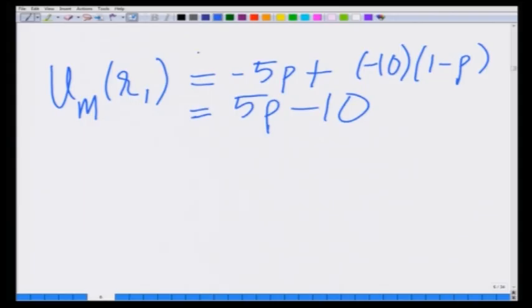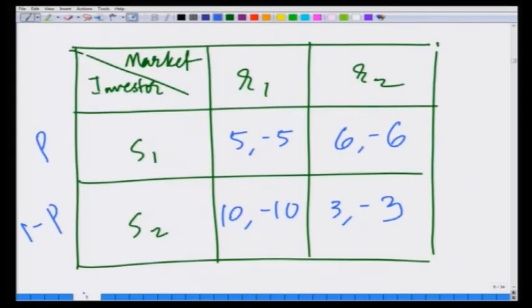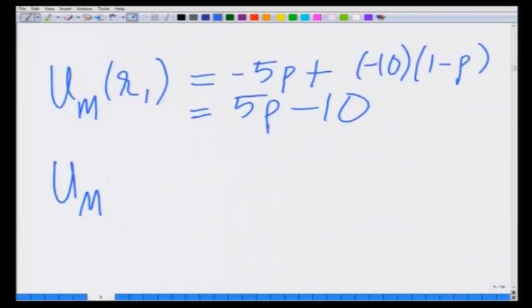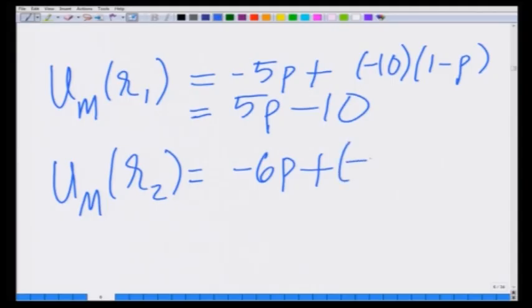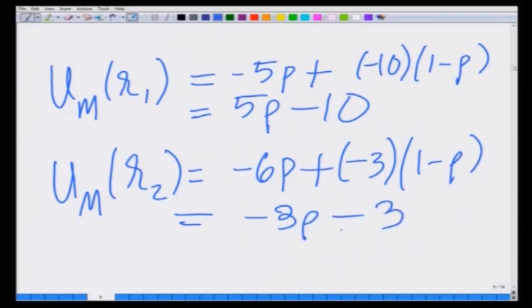On the other hand, if the market always chooses the year before that, that is chooses rate 2, then its payoff is -6 times P plus -3 times 1 minus P, which is equal to -3P minus 3.